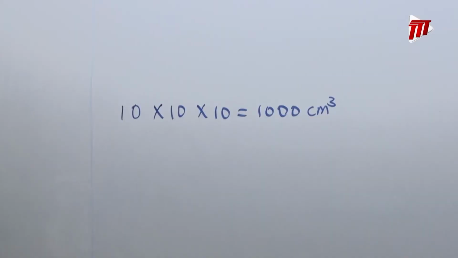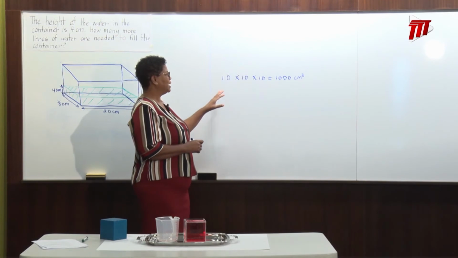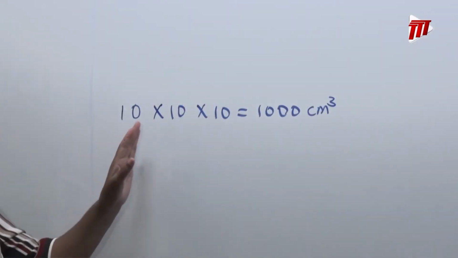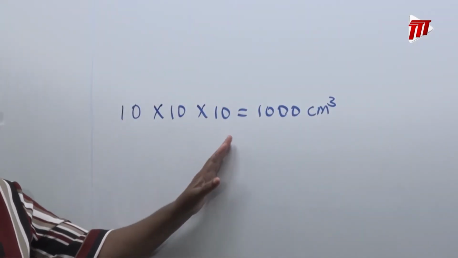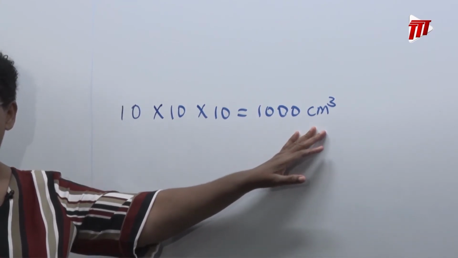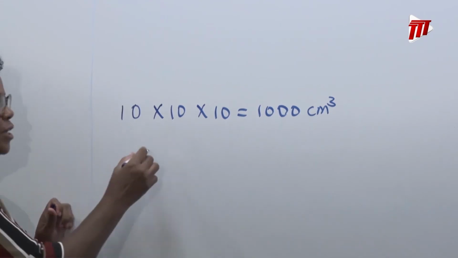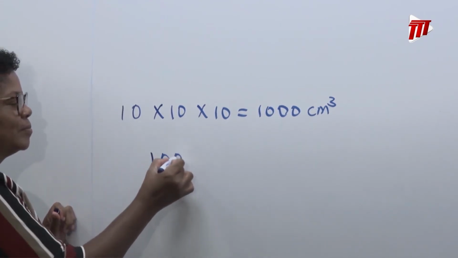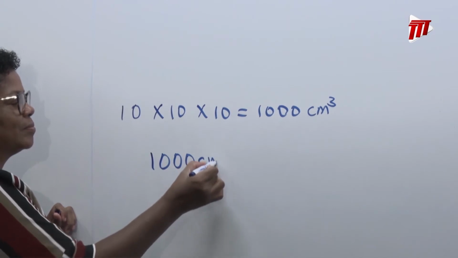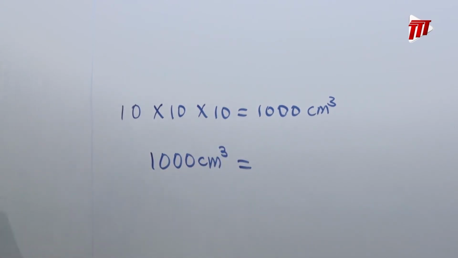So the relationship between a cube that measures 10 multiplied by 10 multiplied by 10 with a volume of 1,000 cubic centimeters is equal to one liter.